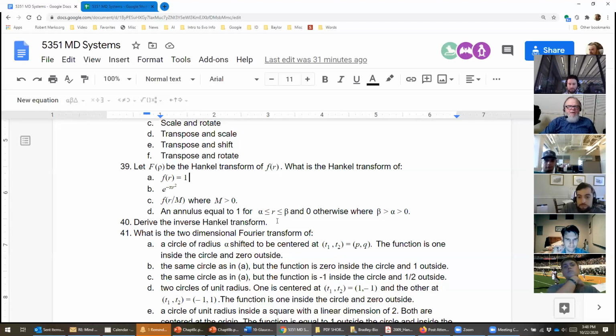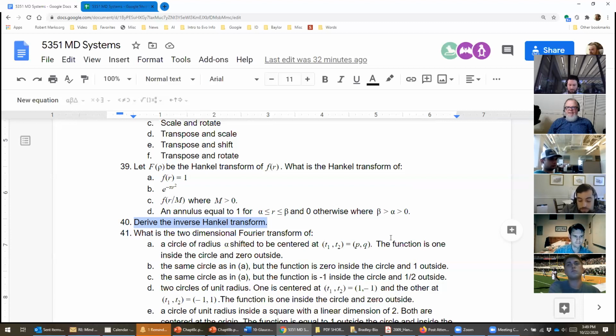Here's a funny one. Derive the inverse Hankel transform. We didn't talk about the inverse Hankel transform. There's a big clue in the book, by the way. I hope in some of these you're going to the book and kind of reviewing, because I'm basically lecturing out of the book, skipping over some different parts. And there, the inverse Hankel transform is derived.